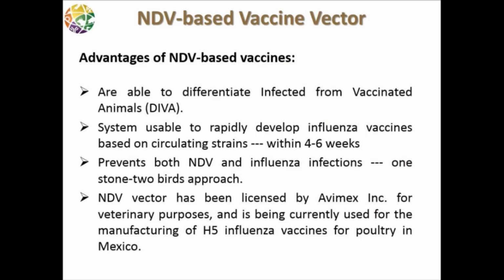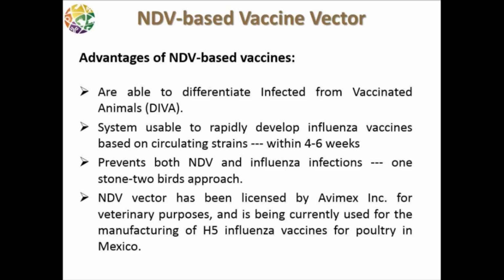Here are some advantages of the NDV-based vaccine platform for use in poultry. We are able to differentiate infected from vaccinated animals, which is important for outbreak control in case of introduction of foreign strains. The system allows us to develop new vaccine candidates very fast, within 4 to 6 weeks from sequencing of the HA gene of a new isolate to production of a vaccine candidate.